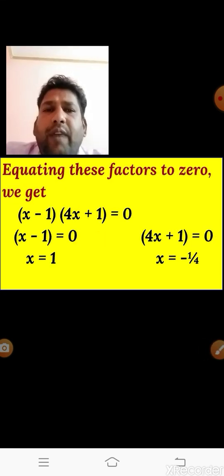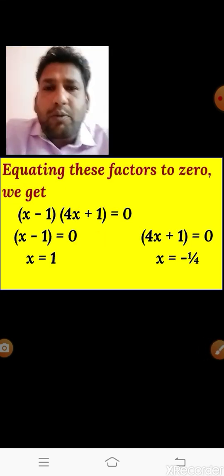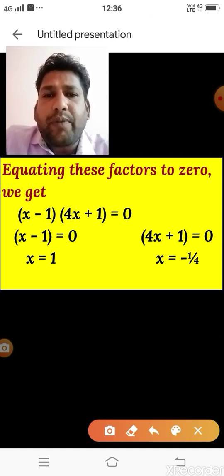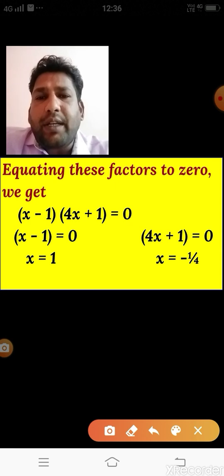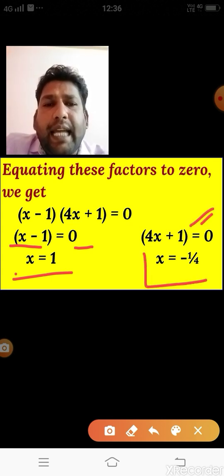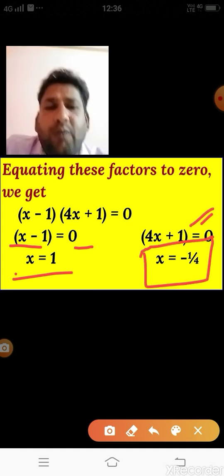Then if we have to find the zeros of the given polynomial, we have to equate these factors to 0. When we equate x minus 1 equal to 0, we get x equal to 1. And if we take 4x plus 1 equal to 0, then we get x equal to minus 1 by 4.